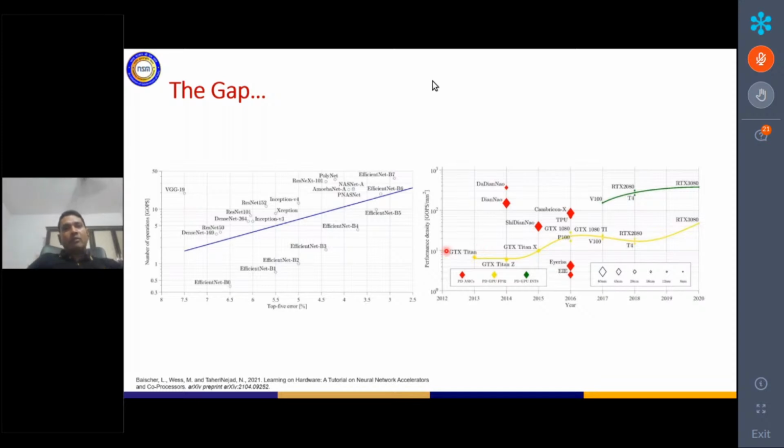To get a particular accuracy level, if you want a linear increase in accuracy, you need to exponentially increase the computation density. This was the takeaway from the left hand side graph.